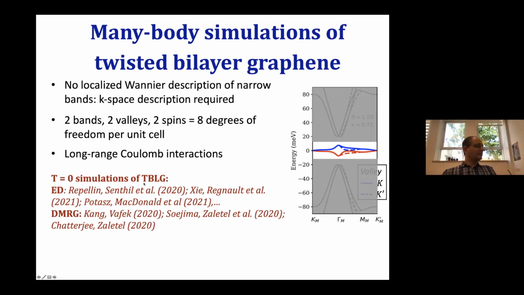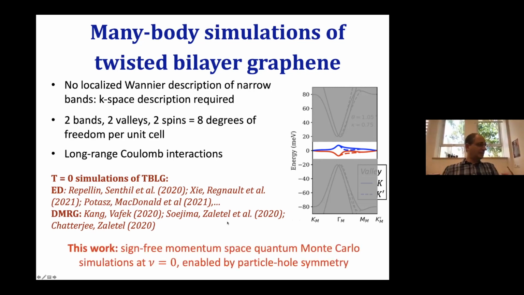Now, at least for t equals 0, people did some exact diagonalization and some DMRG studies, and each of these has clearly its own limitations. What we'd like to propose is that at charge neutrality, we can actually apply quantum Monte Carlo, which is not restricted to quasi one-dimensional geometries, and also works at finite temperatures.